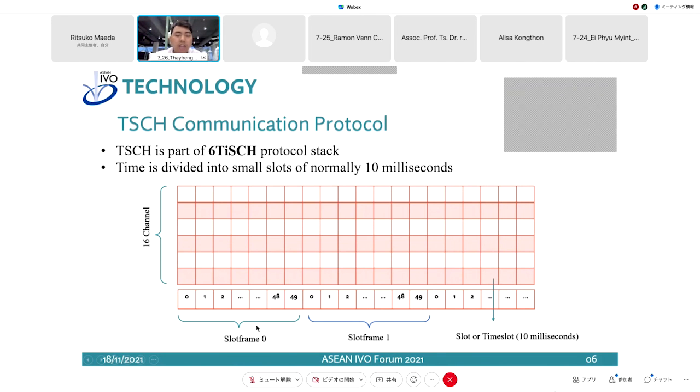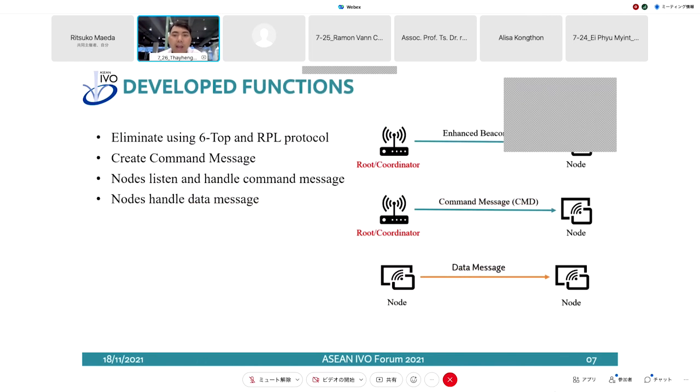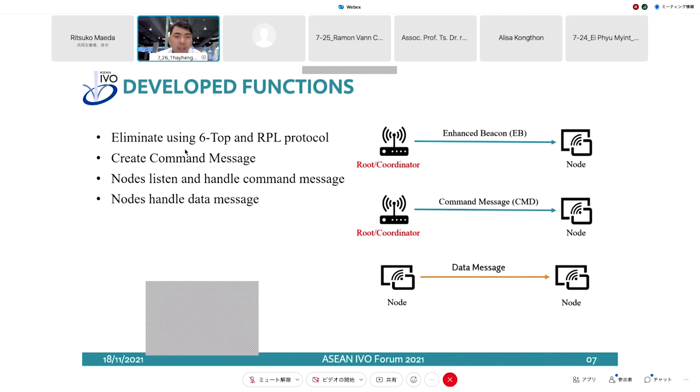Those slots are then grouped into a superframe or slotframe of 150, 200 slots, depending on our configuration. So that is some characteristics of TSCH. And with what we have, we want to build this function in order to serve our goal.